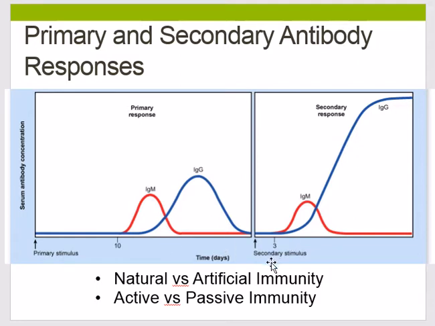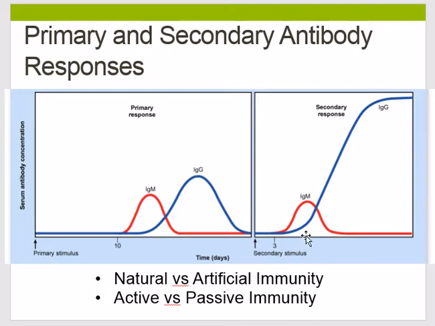Now remember earlier I told you that memory B cells hang around, and they're just waiting around for what we call a subsequent exposure. So a later encounter, in this case a secondary stimulus, a later encounter with the same antigen, will trigger these waiting memory cells to act much faster than the response was before, and they can at that point even produce more memory cells and more plasma effector B cells and release even more antibody than they did before.